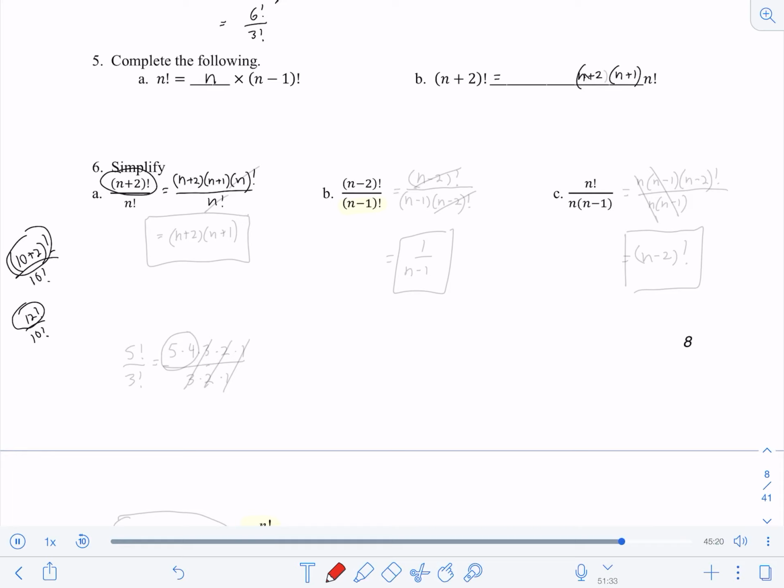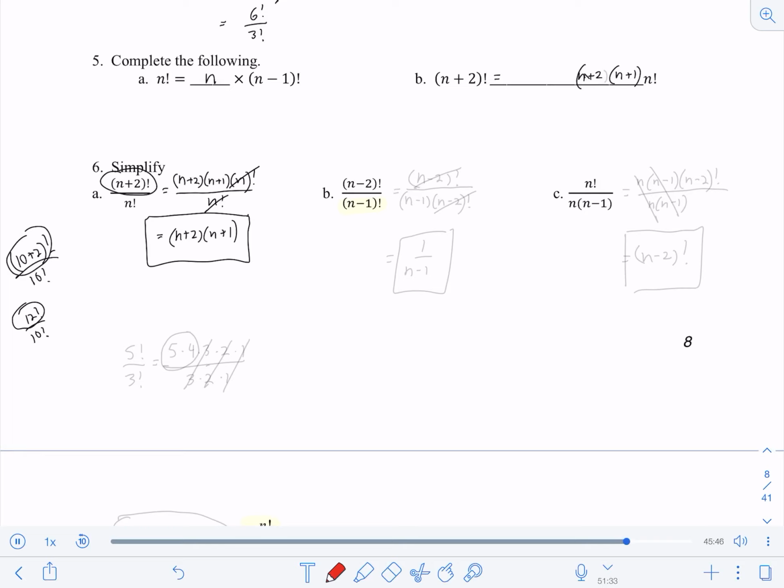And then now we're going to start to simplify because n factorial divided by n factorial is just 1. Those are going to cancel because they form a 1. And so this is just n plus 2 times n plus 1. Okay, so kind of a neat thing that we can do now that we've got this new notation. Here's the next one.